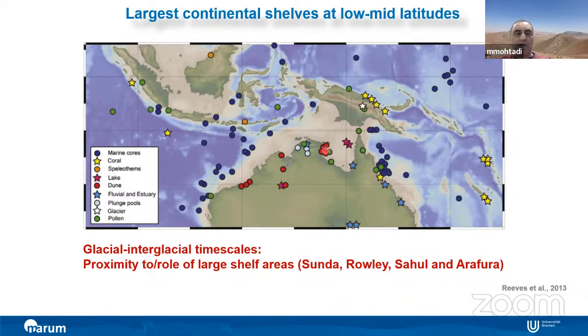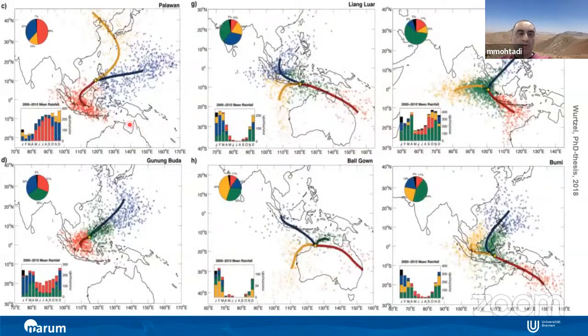You have to be able to isolate changes related to sea level and the proximity or distance to land from climatically driven changes. Why is it important? This is, again, a compilation study, Jen Wurtzel's PhD thesis. I was fortunate to be the external referee of her thesis.